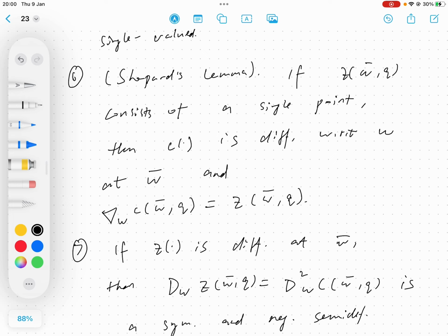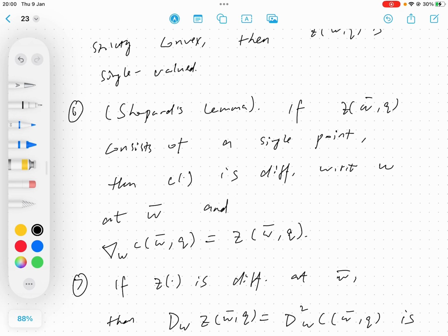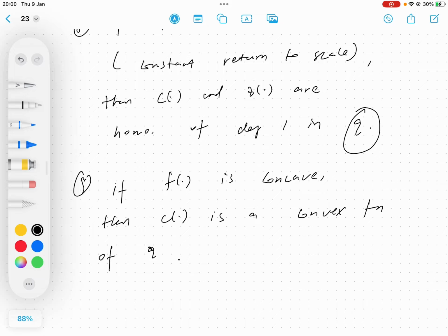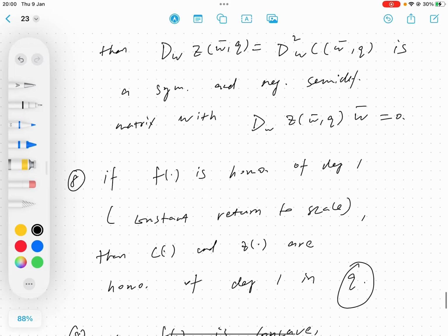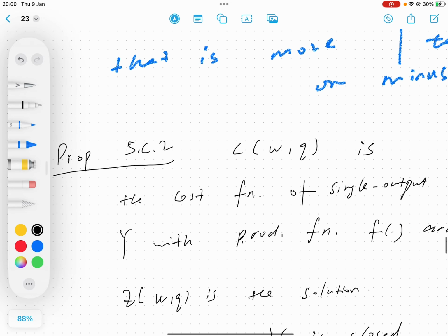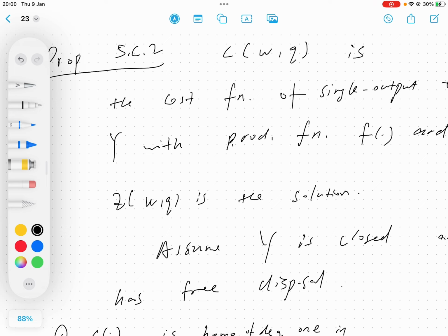For example, the convexities in some parameters and concavities, and which one is the homogeneity in degree of how much, and in terms of which parameters, right? Those are very important features that this problem has, and those are sometimes useful in explaining some economic environments and activities, right? Okay, good. So that'll be all for this episode, where we discussed the dual problem to PMP. That'll be the problem of cost minimization. Okay, good.